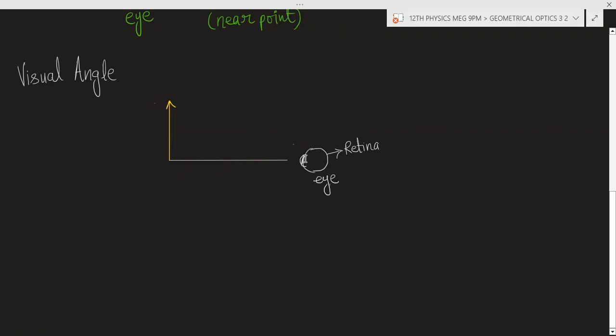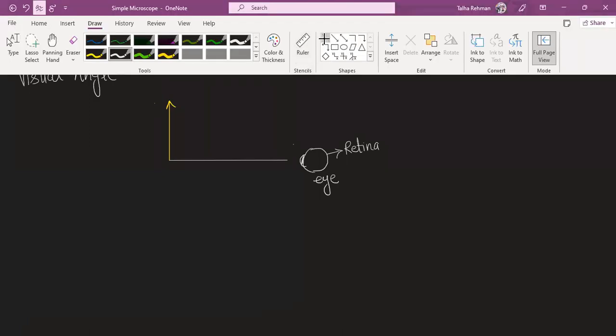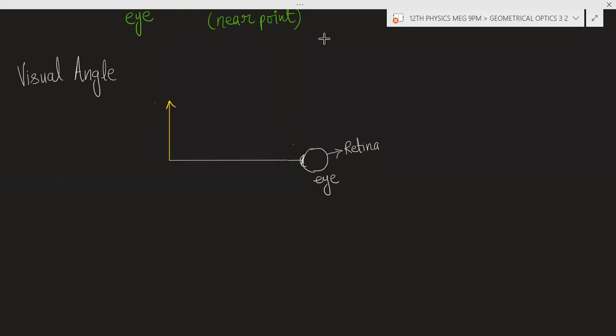By the way, what I want to say is that the visual angle is the angle formed by the object at the eye. The angle formed at the eye by the object or the image is the visual angle. For example, this theta will be the visual angle, and this can be any object or any image.